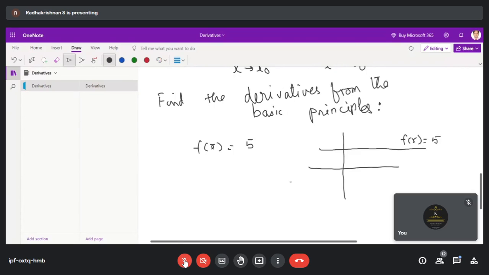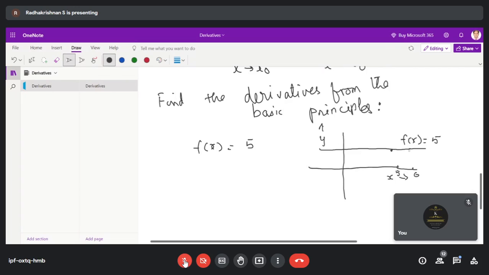It is a constant function. From this, can you see by how much y is changing when x is changing by a small amount? Y is not at all changing. When x was 5, y was 5. When x became 6, y is still 5. It's a constant function.